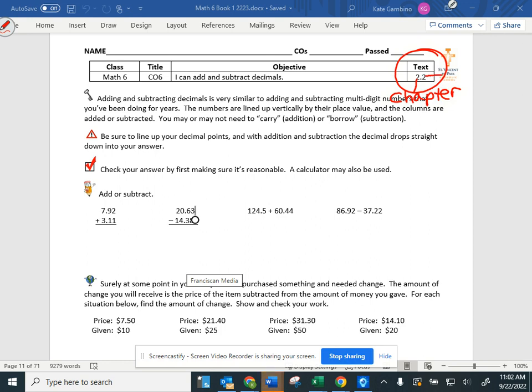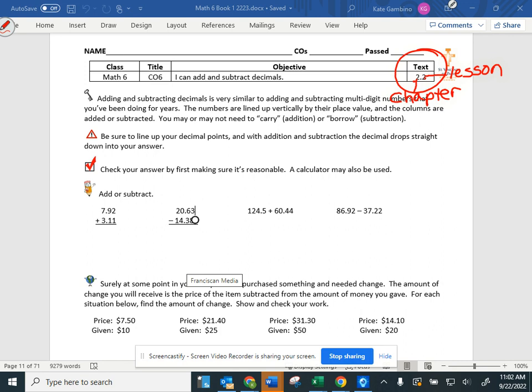Our second digit, that 0.2, is the lesson. So if you get home tonight and say, I'm not sure about this, I watched the video and the way she's explaining it didn't quite make sense, I'm going to open up my textbook and go to chapter 2, lesson 2, and see how the textbook explains it.